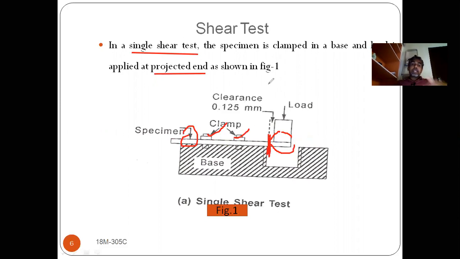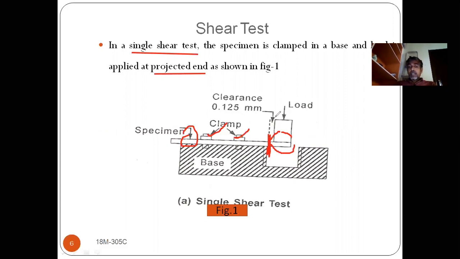I'm repeating once again. How to perform a single shear test? Here we have a diagram, and by using this diagram we can explain it. You have to clamp the specimen onto a base. You have two clamps, and it is clamped to the base which is attached to the UTM.